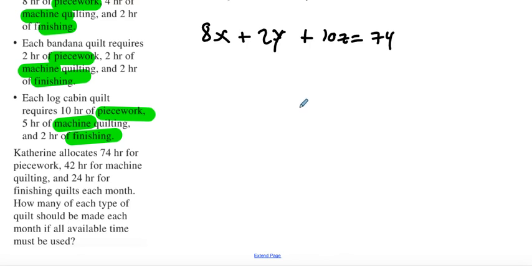She says we have to use all of the hours, but they have to be distributed between these factors: it takes 8 hours to make one of these, 2 hours to make one of those, and 10 hours for that one.